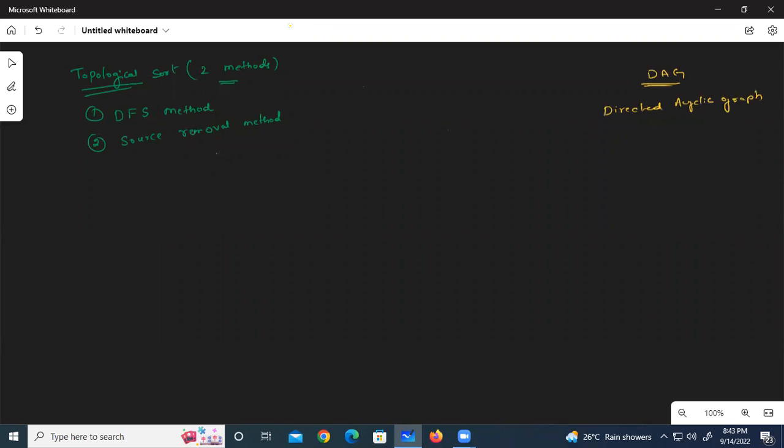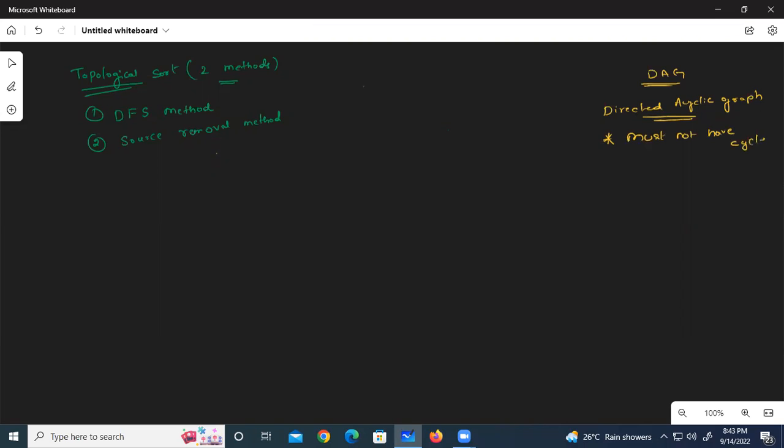It is a directed one, and in this directed acyclic graph there is one condition: the graph must not have a cycle.